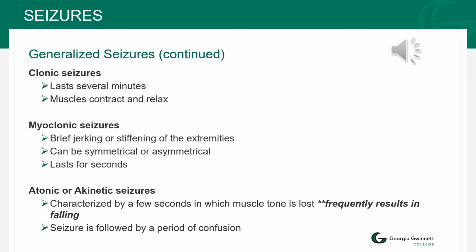They can be both sides of the body or one side of the body, and they usually only last for seconds. And then atonic or akinetic seizures are characterized by a few seconds in which the muscle tone is lost. They just kind of fall out. And this seizure is followed by a period of confusion.